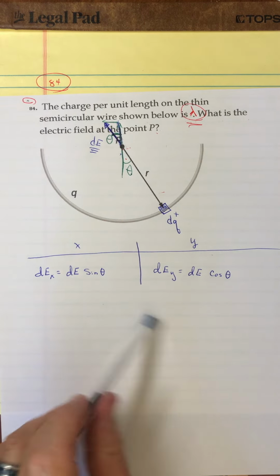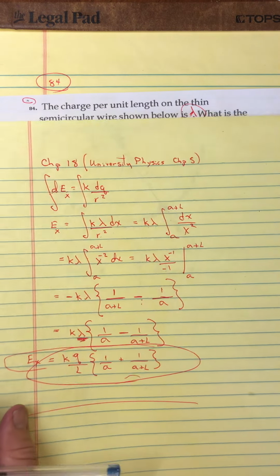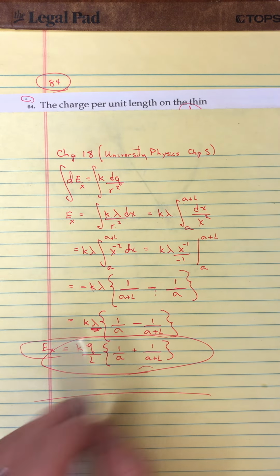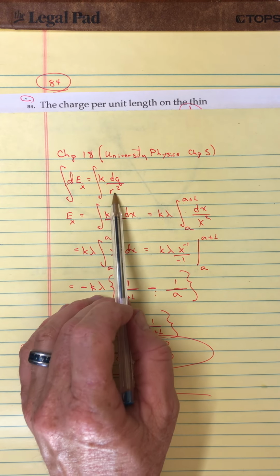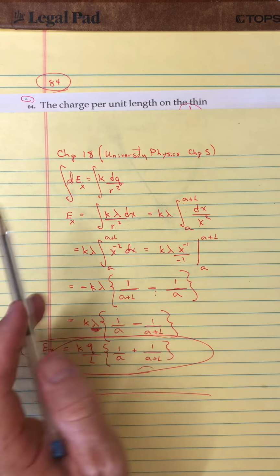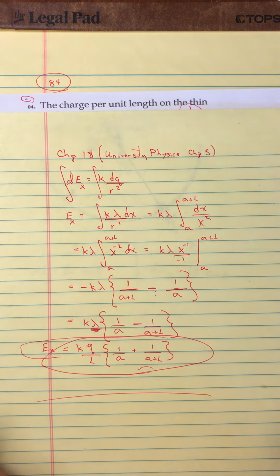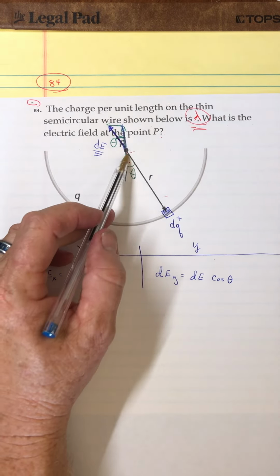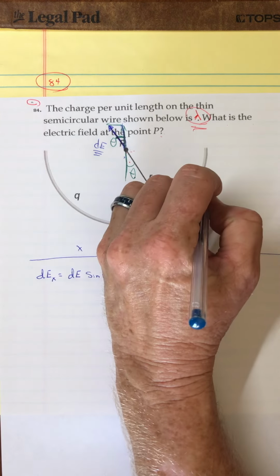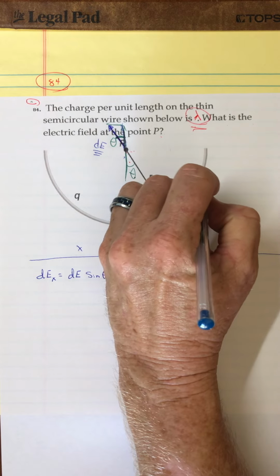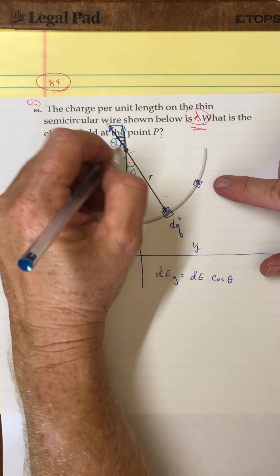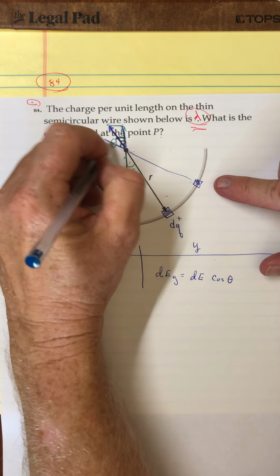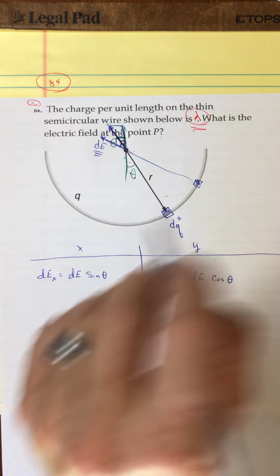And see, that I did not have to worry about in the easier one here, number 18. All I had to do was to realize that the distance of each little chunk kept increasing. I didn't have to worry about the component. Although now on this problem, I don't have to worry about the distance, because if you look at some other little chunk right here, that's going to make an electric field kind of off in this direction.